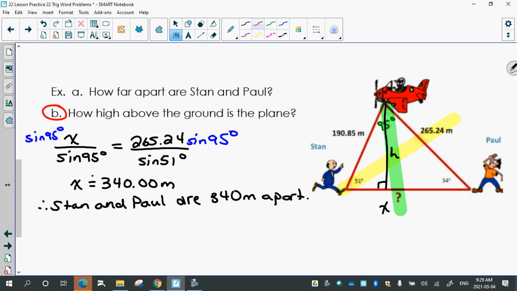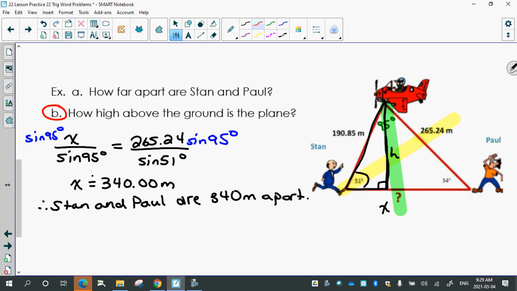Okay? So if I focus in on this 51-degree right angle triangle, I'm going to outline it in black. Is there enough information in it for me to figure out how high the plane is? I see Jacob nodding. What do I know? I know an angle and a side, and I know it's a right angle. So I've got enough.